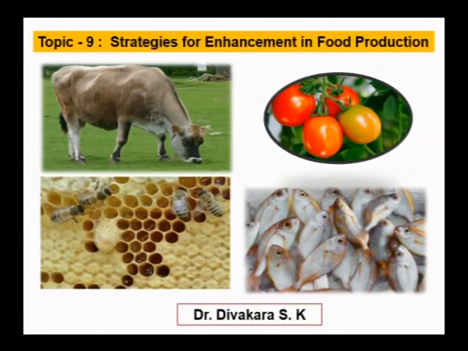Today's session discussion of the topics are strategies for enhancement in food production, biotechnology principles and processes, biotechnology and its applications. Let's begin with the first topic, strategies for enhancement in food production.